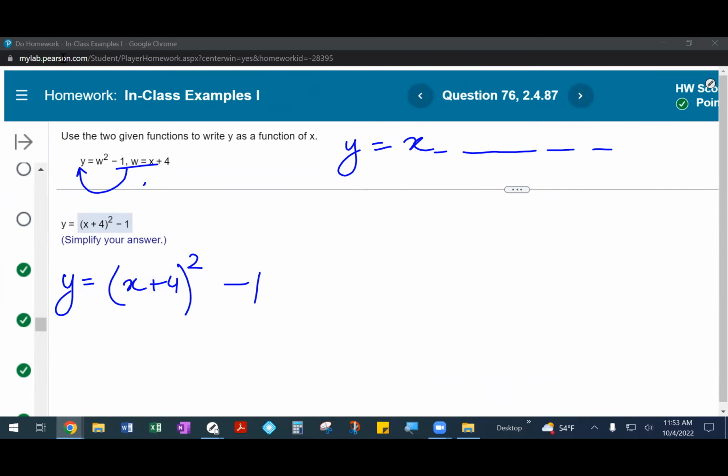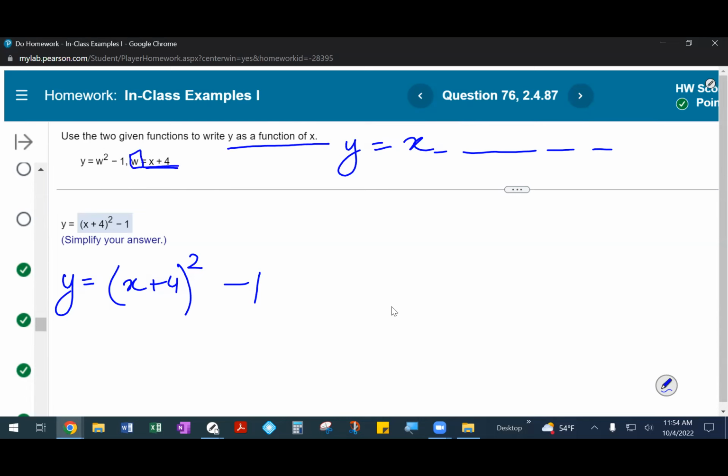Okay, Diana, the reason we got rid of the w squared is because that's where the substitution happened. Because we have to write y as a function of x, what we are basically doing is taking this definition for w. They're telling us w equals x plus 4, right? So we're literally taking the w squared here and substituting for w, which they're telling us equals x plus 4.